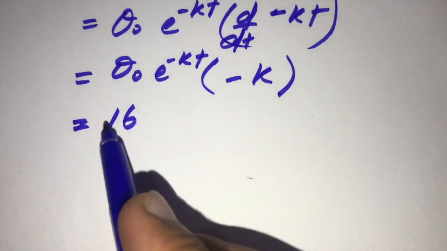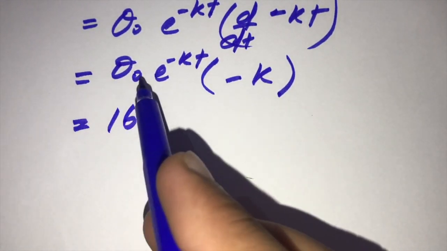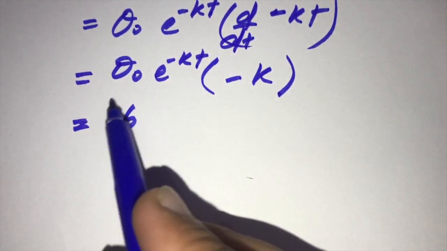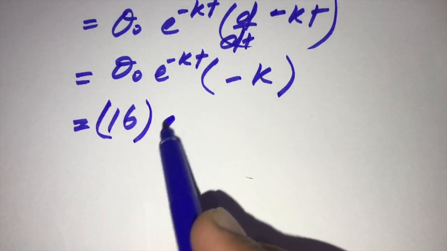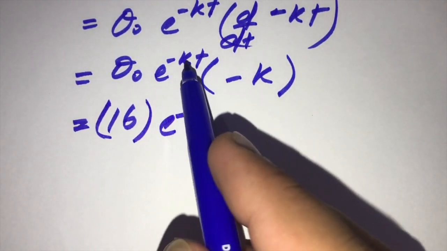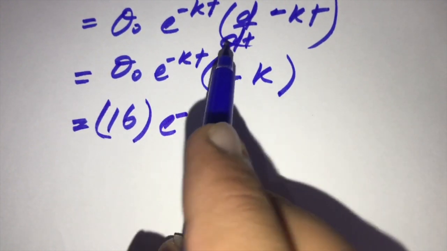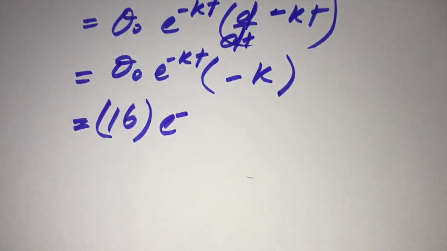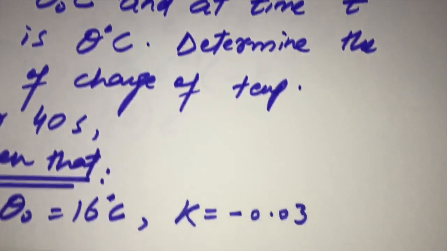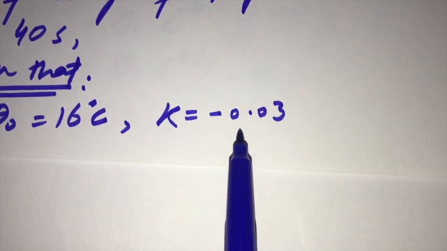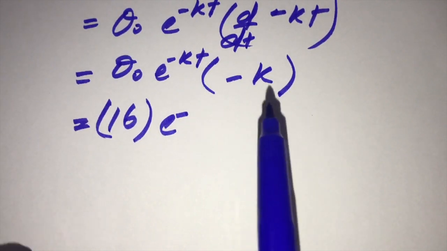16 into e raised to power minus, here k is equal to minus 0.03, so put the value here.